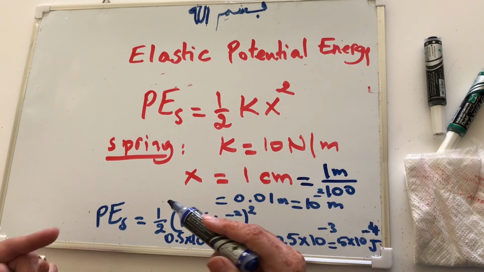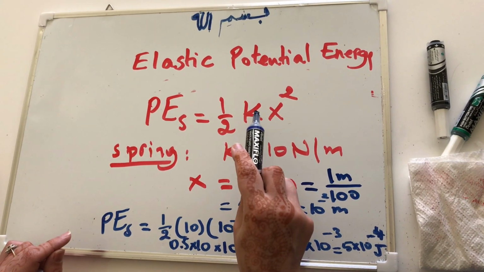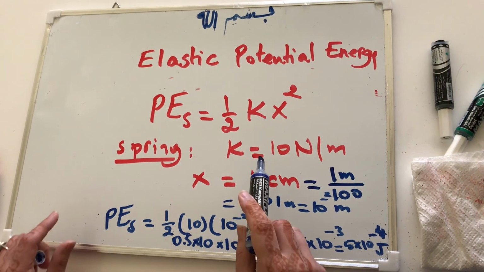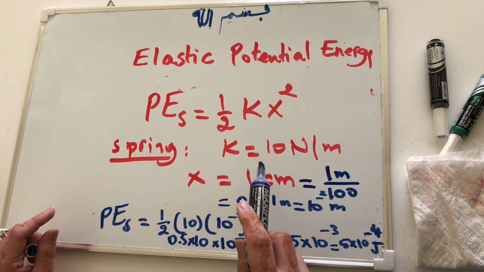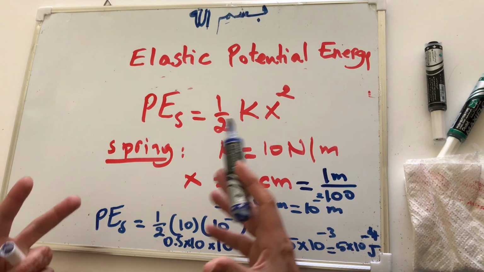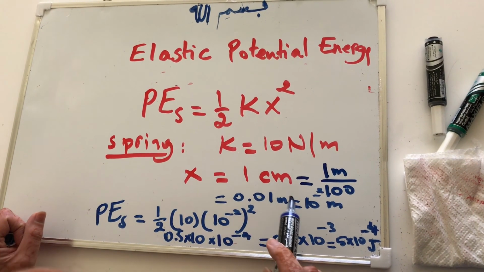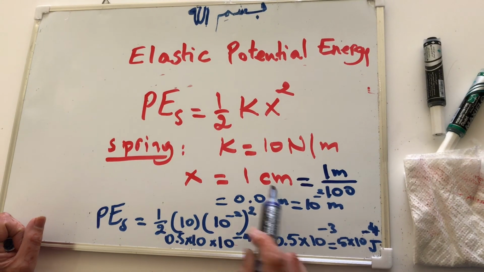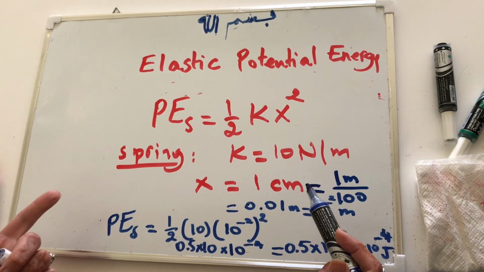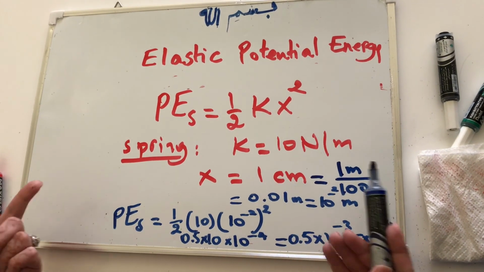However, if the spring has a higher spring constant, let's say 1,000 Newton per meter, maybe the springs in your car, I strongly encourage you to go and find out about the springs in your father's car. What is the spring constant for those coils? Then if you compress it by maybe a centimeter or 2 centimeters, you would definitely be storing way more energy than this. So that's it for now.